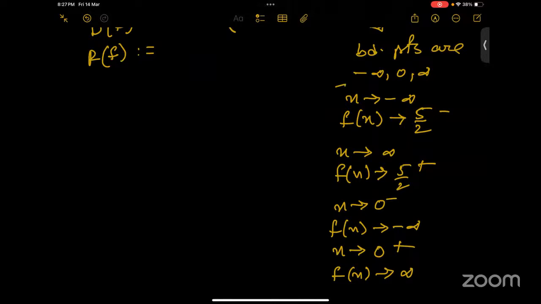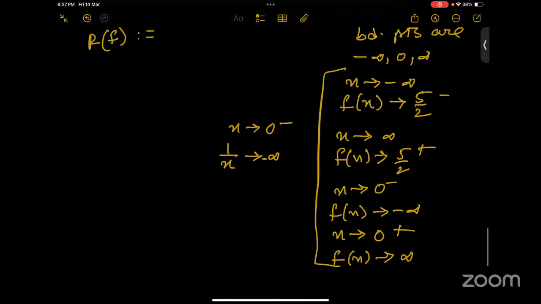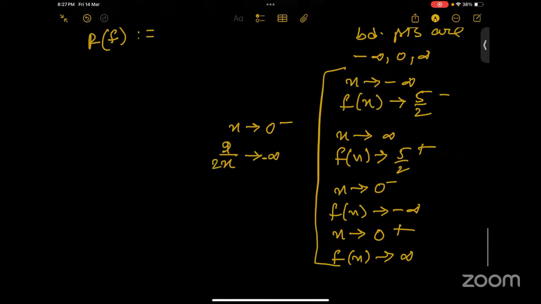How did you get this infinity, ma'am? If x is tending to 0 from the negative side, that means 1 over x will be tending to negative infinity. Then 9 by 2 multiplied will again tend to negative infinity, and if you add 5 by 2, same for the positive 0 also.